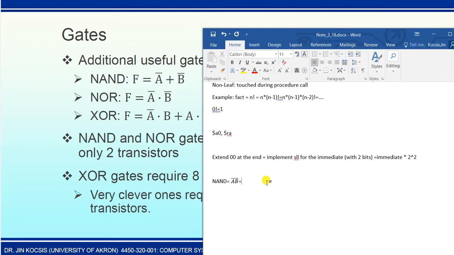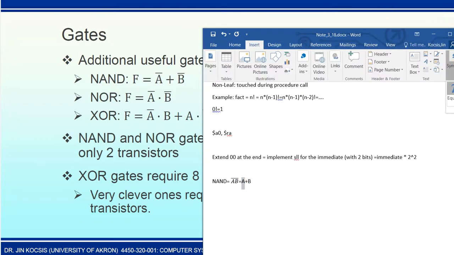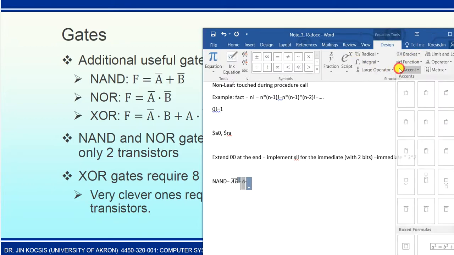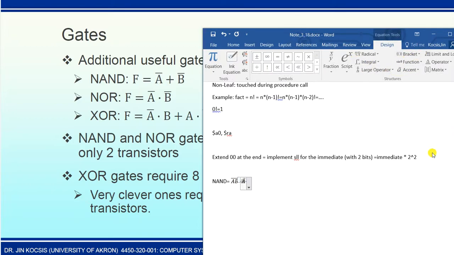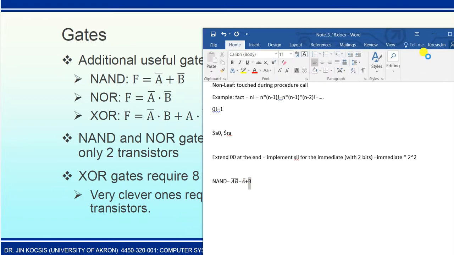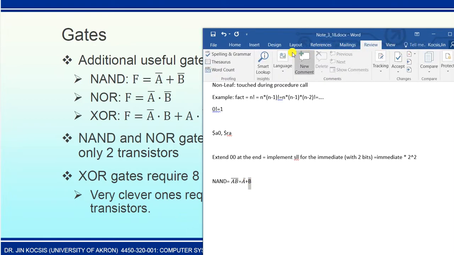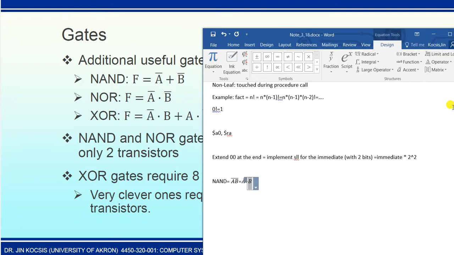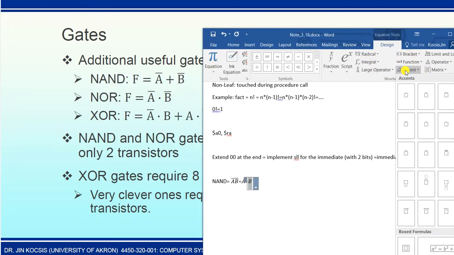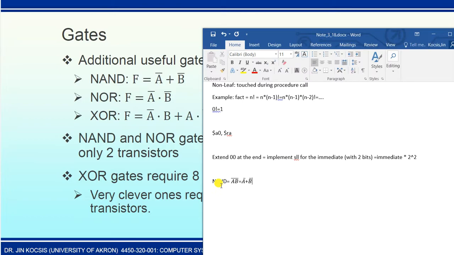It is equal to A not plus B not, right? So basically not and is equivalent to A not, B not, and implement or.